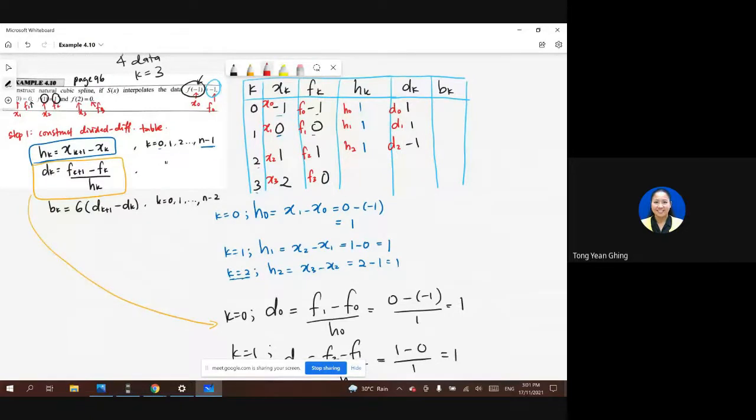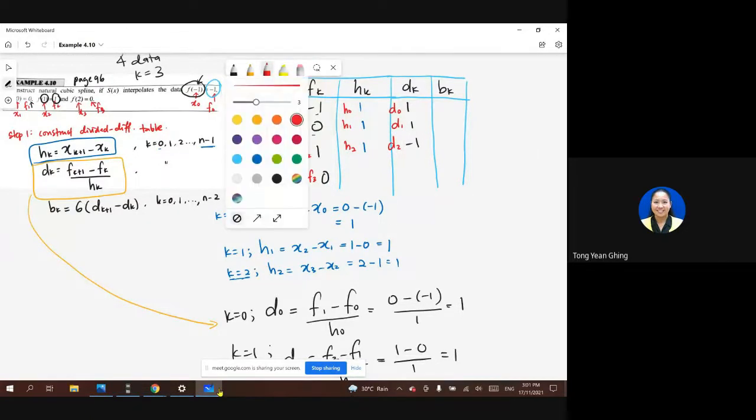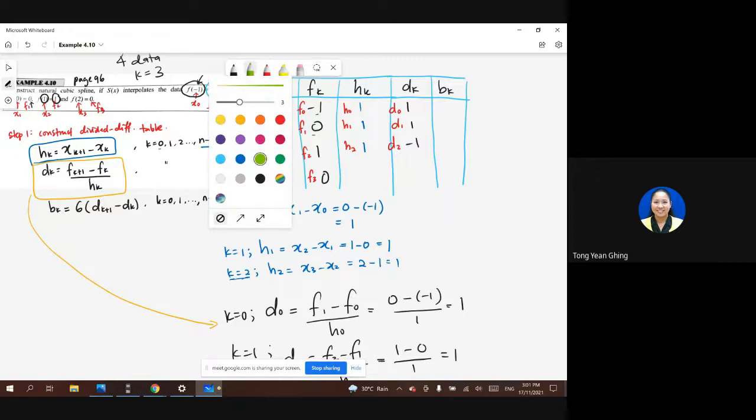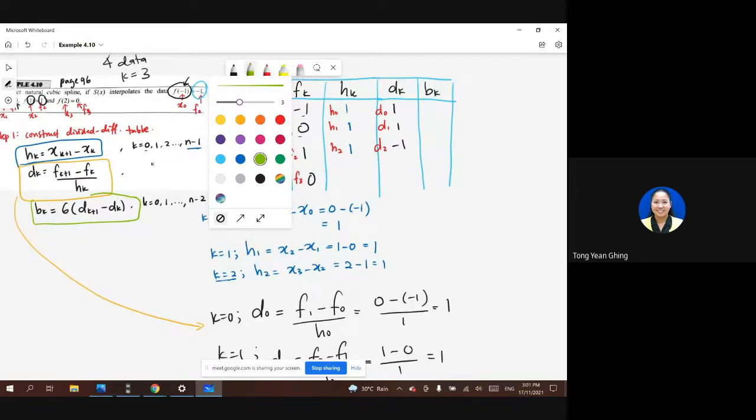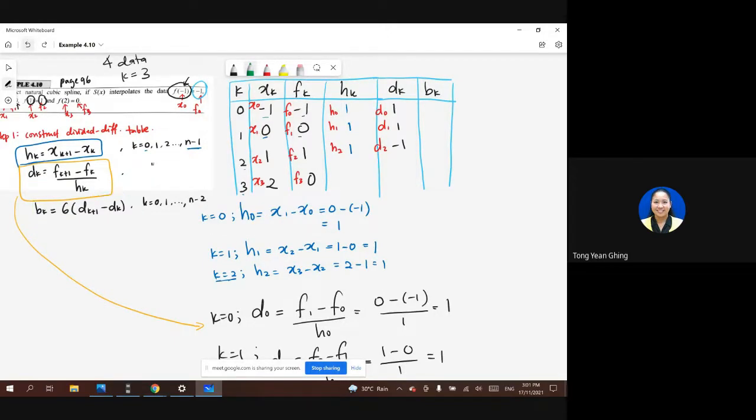And then go to B next. Now we go and find B. This one based on these equations. I write B here. So start from K equal to 0, B naught equal to 6, D1 minus D naught.